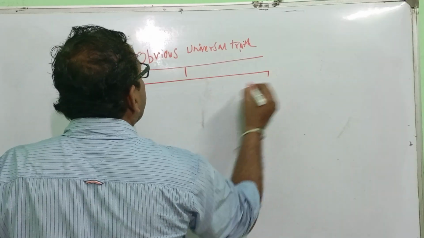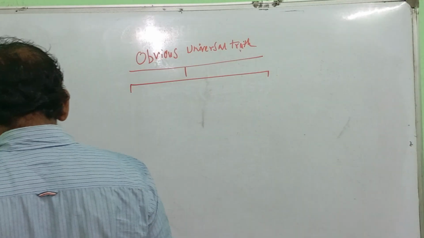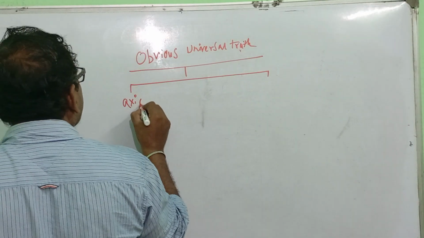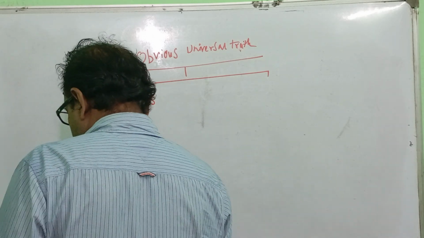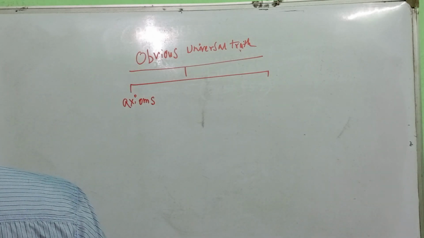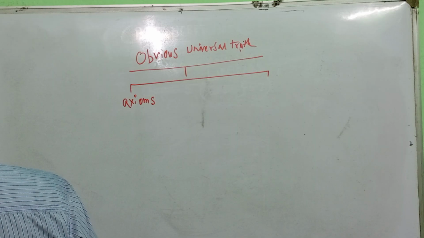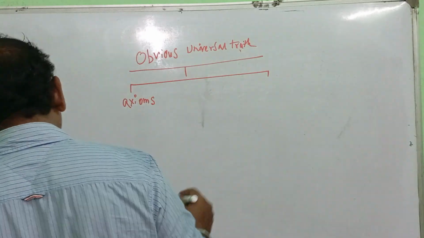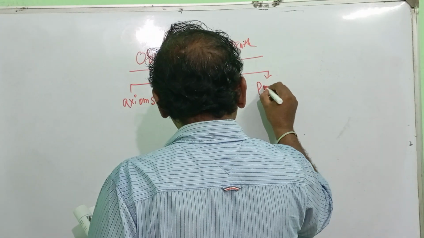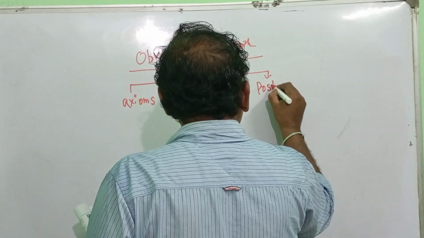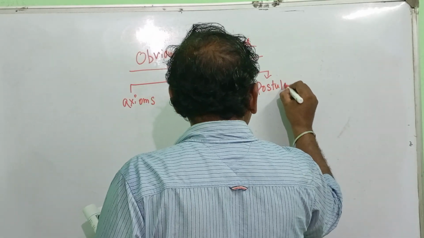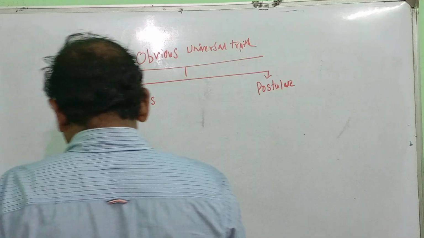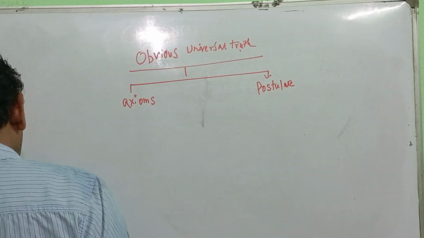One is called axiom, and the second term is postulate. So one is axiom and one is postulate.